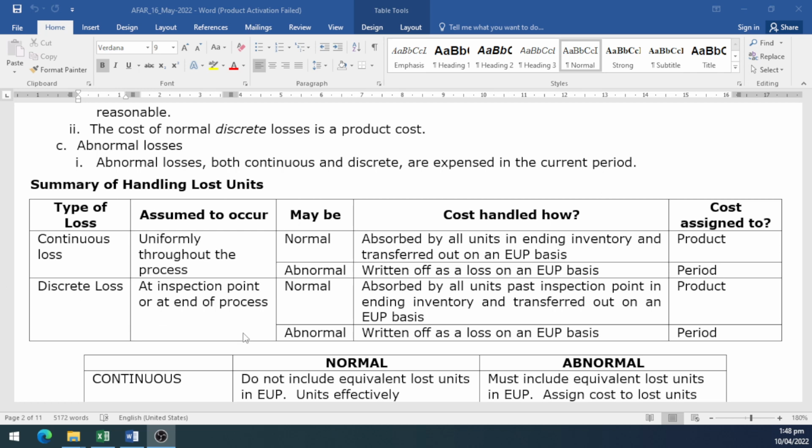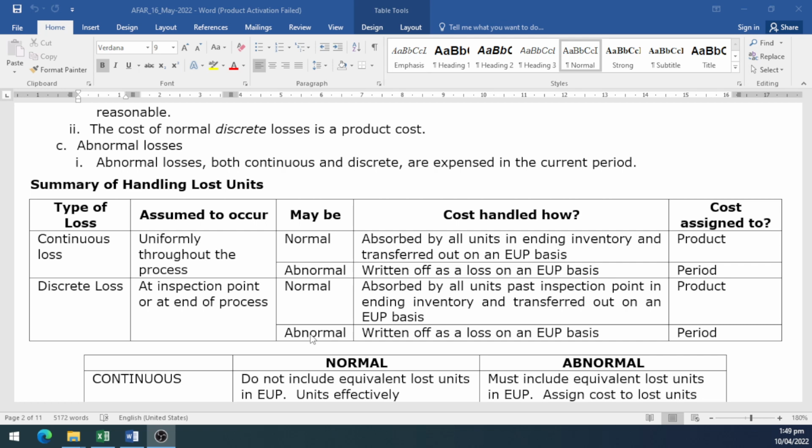Pag specific inspection point, basta lumampas na sa inspection point, kasama na sa absorbing units. Yun ang ibig sabihin nun. Halimbawa po, inspection happens at 50% completion. Siyempre, yung units completed, 100% done ngayon.